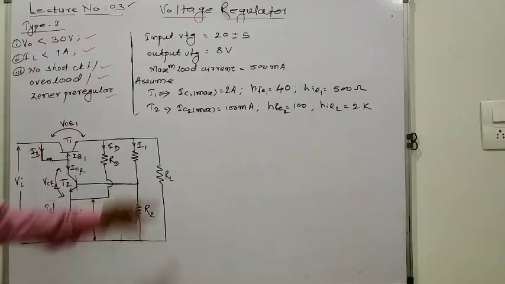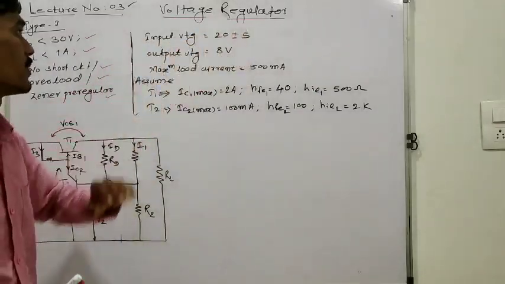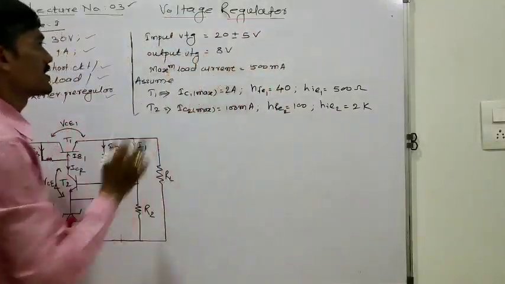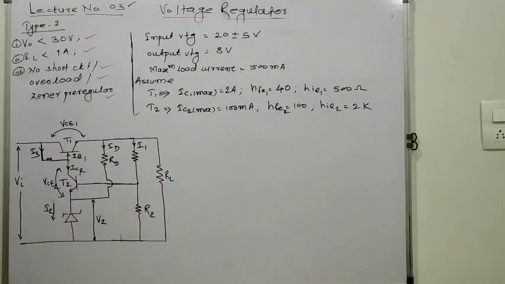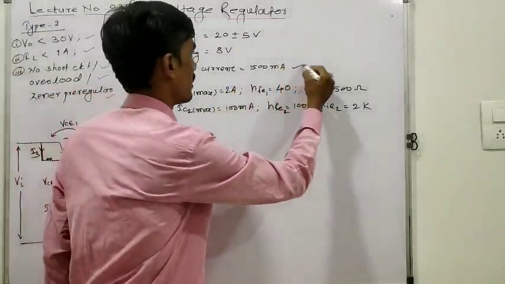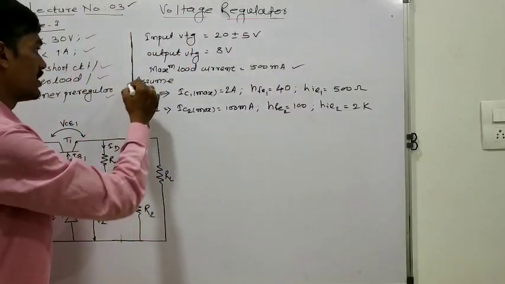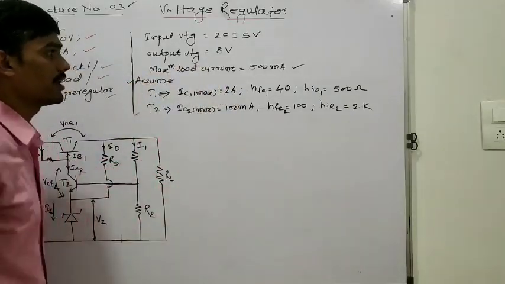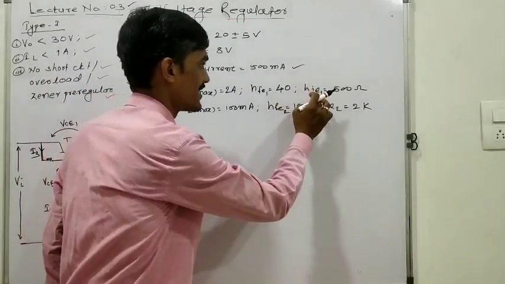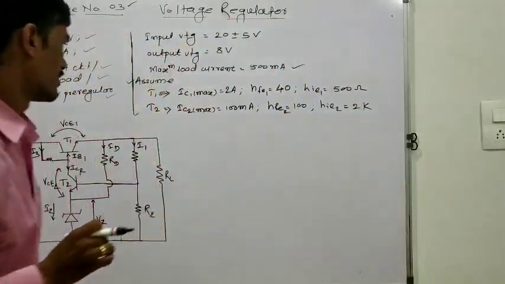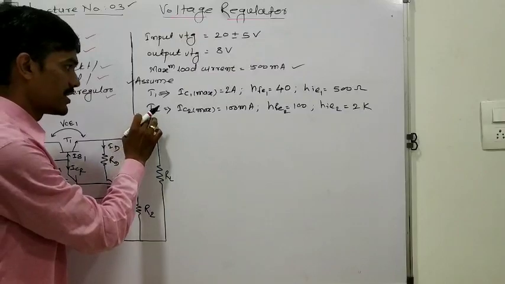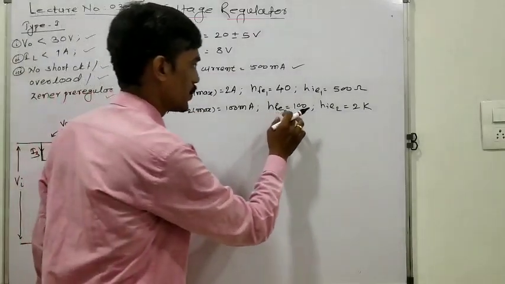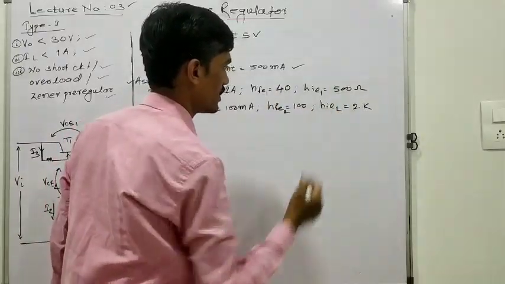Input voltage is 20 plus minus 5 volt, output voltage is 8 volt, and maximum load current is 500 milliampere. Assume transistor 1 has IC1 max equal to 2 ampere, hFE1 equal to 40, and hie1 equal to 500 ohm, and transistor 2 has IC2 max equal to 100 milliampere, hFE2 equal to 100, and hie2 equal to 2k ohm.